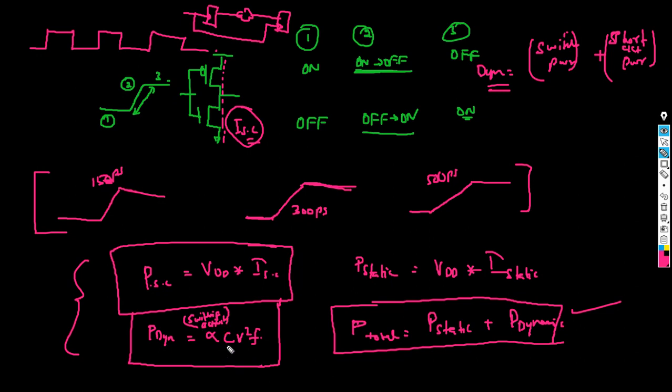Now C is nothing but your capacitance, the parasitics. And then your V squared. So with voltage, you get a double benefit when you reduce it. And then frequency also. So now the question is, or probably let me give you homework: what are the different ways that you would optimize your dynamic power?